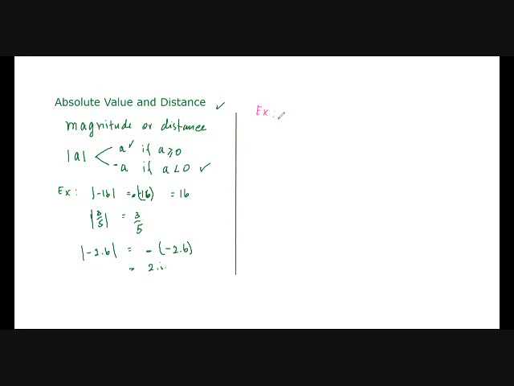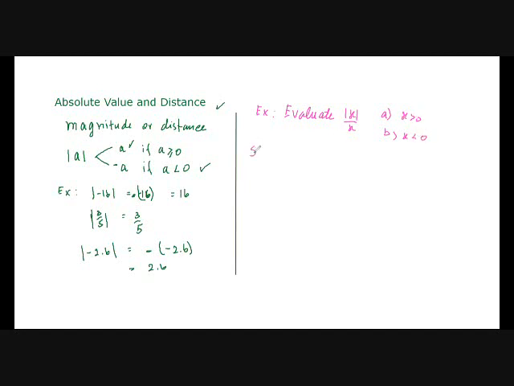If I give you this one, evaluate absolute x over x. Say I want you to find out, first, (a) when x is greater than 0, and (b) when x is less than 0.